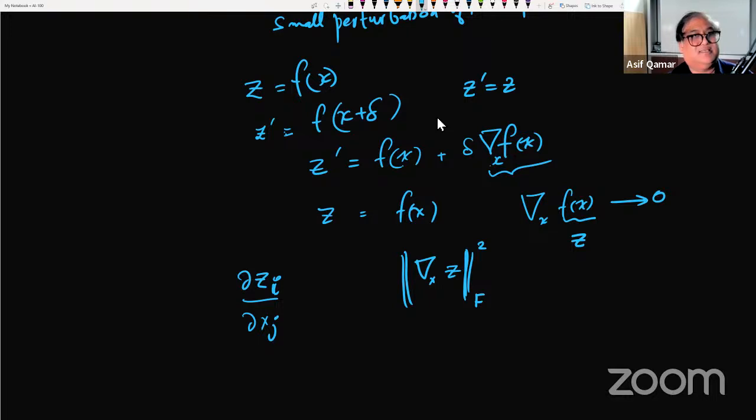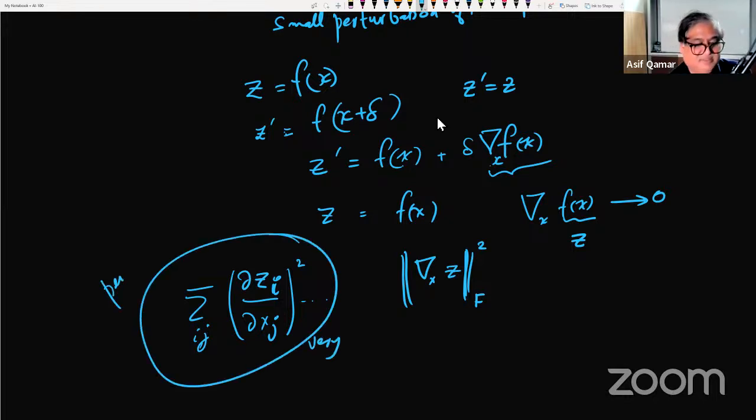If you square all of these and add them up over i and j, all of them should add up to a very small amount. So this becomes your penalty term.